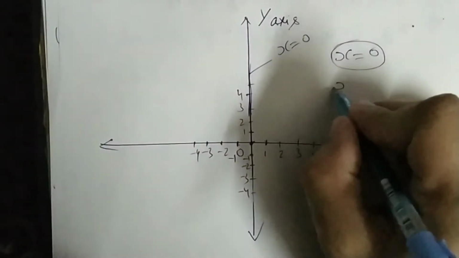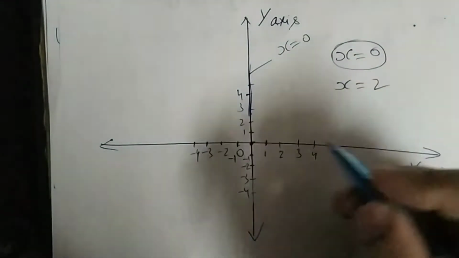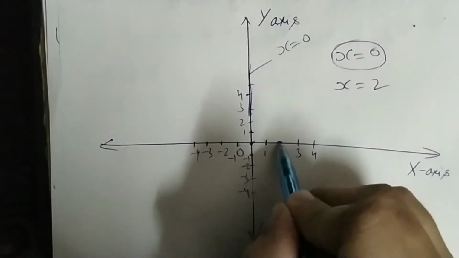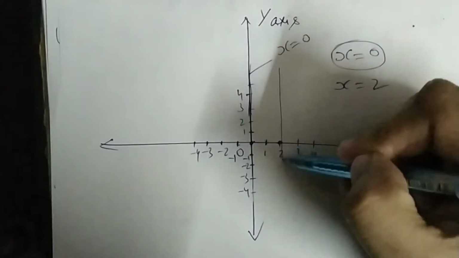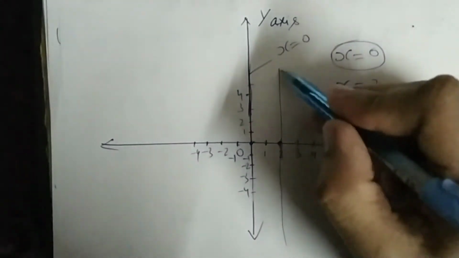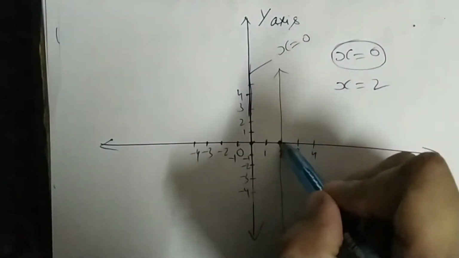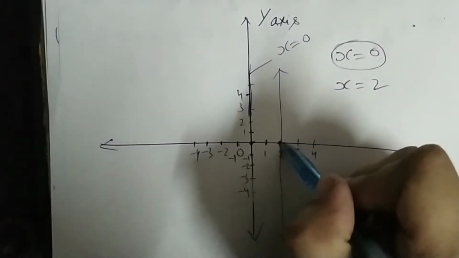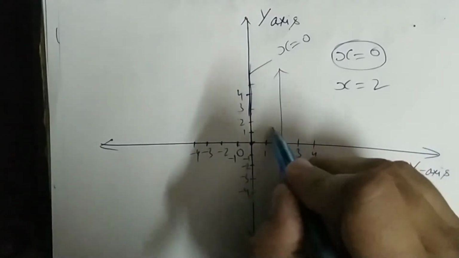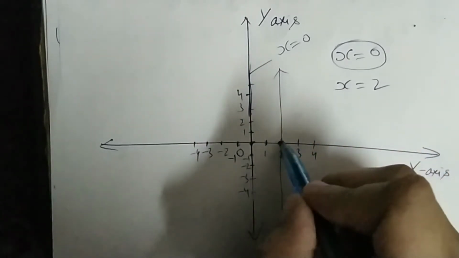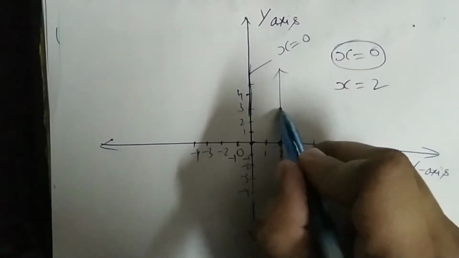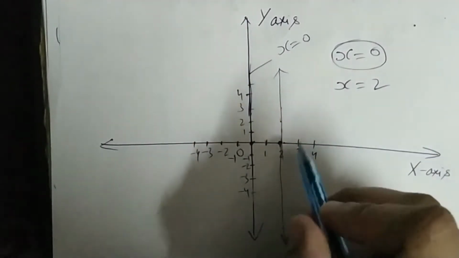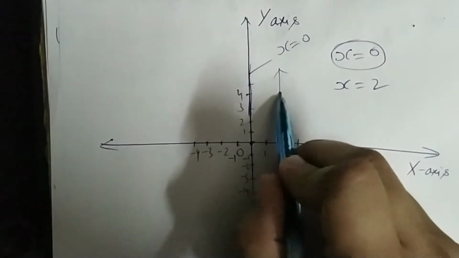If I have to plot x equal to 2, this point is x equal to 2, and if I plot a parallel line here, on this line the value of x is always 2. So if I talk about these points, this is 2, 1, 2, 2, 2, 3, 2, 4.